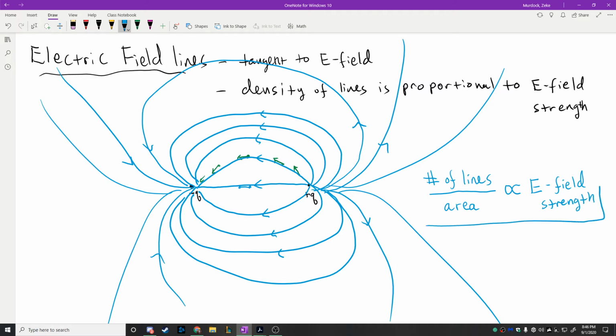That's something that's worth remembering for what we're going to do next. If we want to understand what electric flux is, if we have some idea of what electric field lines are, this is what we're going to need to take from this.